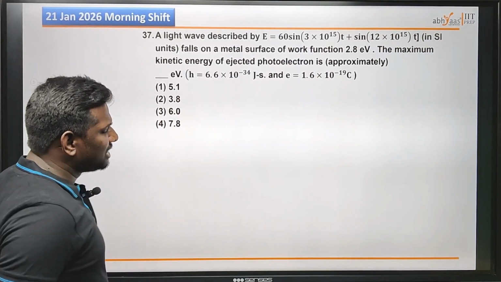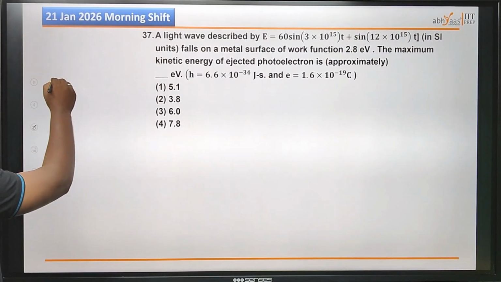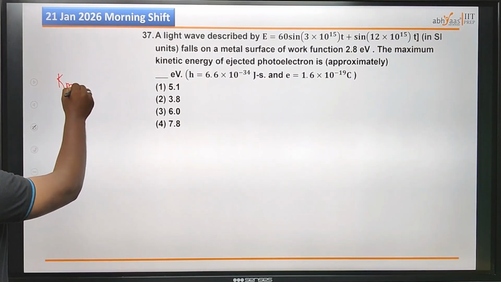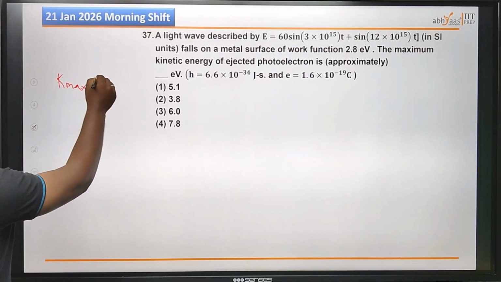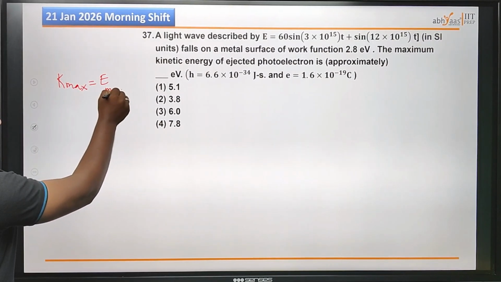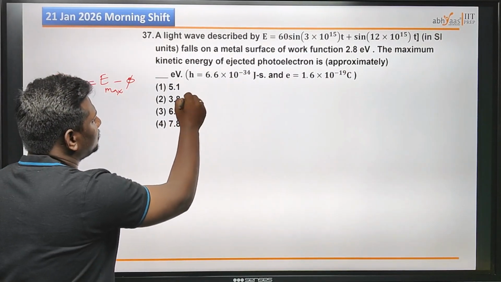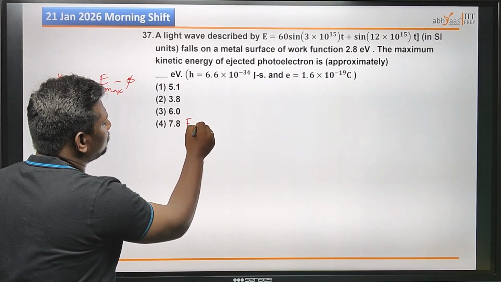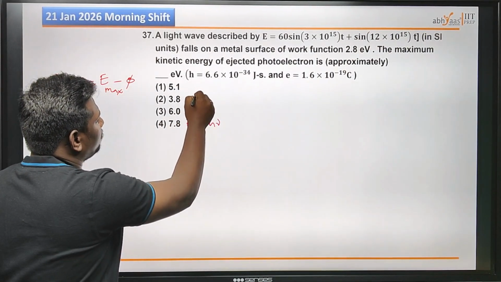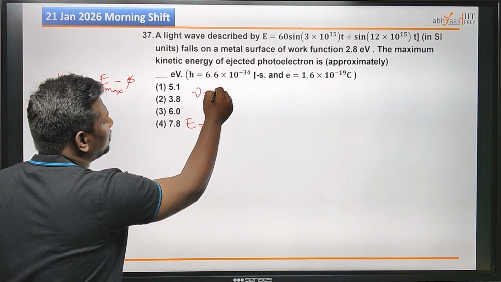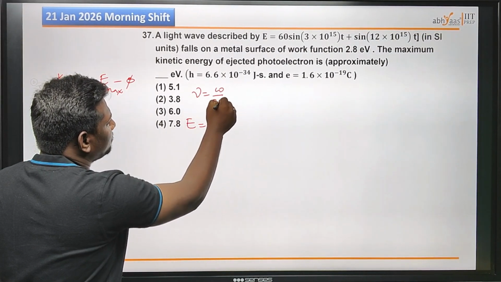We know that formula. K maximum equal to E maximum minus phi, energy, maximum energy. So how to find energy? E equal to h nu. So how to find nu? Nu is nothing but omega by 2 pi.